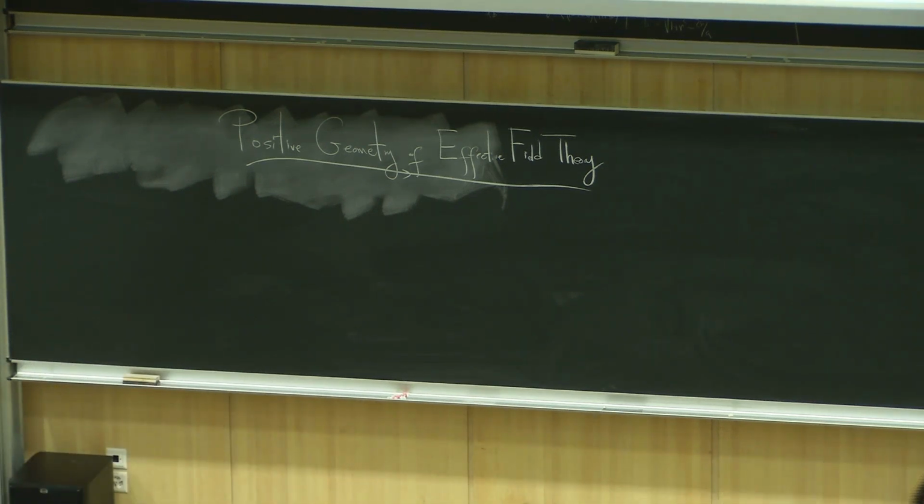For many, many years now, I've been working on a collection of ideas that are loosely associated with the words positive geometry and their connection with the physics of scattering amplitudes, cosmological correlators, and roughly speaking, all sorts of fundamentally dynamical processes, not Euclidean questions, more Lorentzian questions.